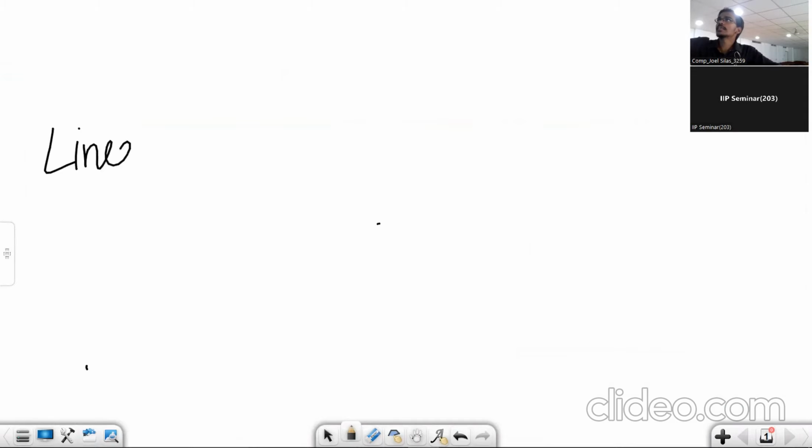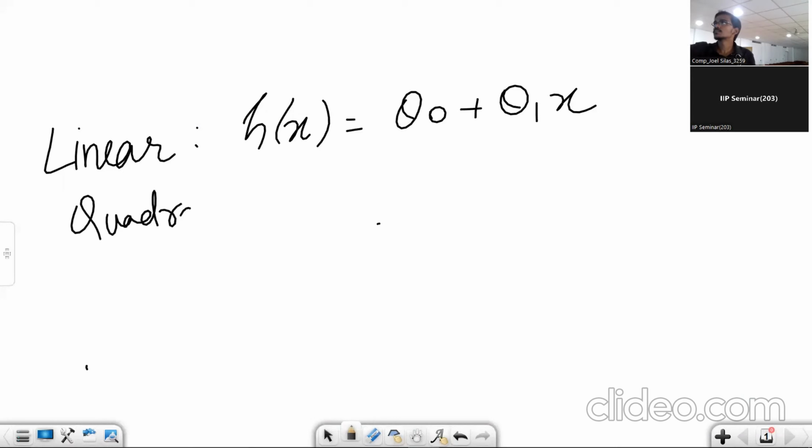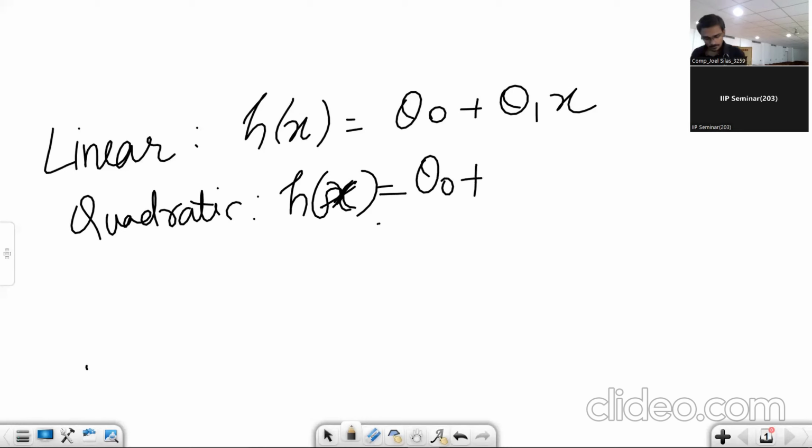If we talk about a linear function, we can say h of x is equal to theta 0 plus theta 1x. If we talk about a quadratic function, then h of x is equal to theta 0 plus theta 1x plus theta 2x squared.